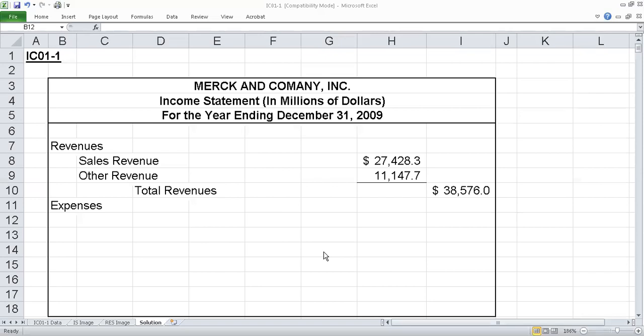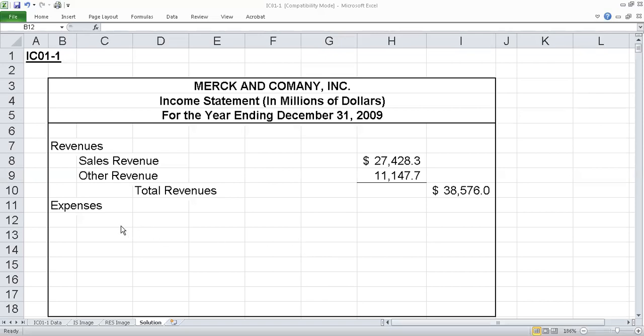So my guess would be that when it comes to a company like Merck, it's probably licensing revenue and maybe some investment revenue, but without actually opening up their financial statements, I'm just guessing. But it's non-operating revenue of some kind, most likely.